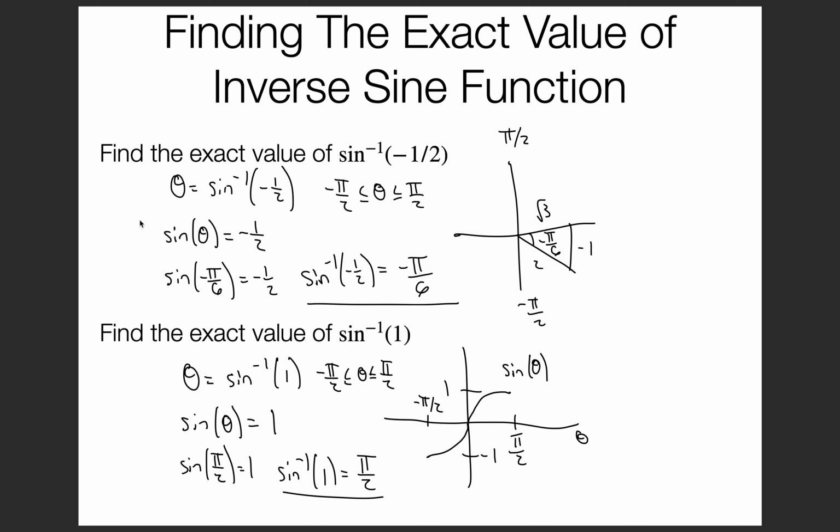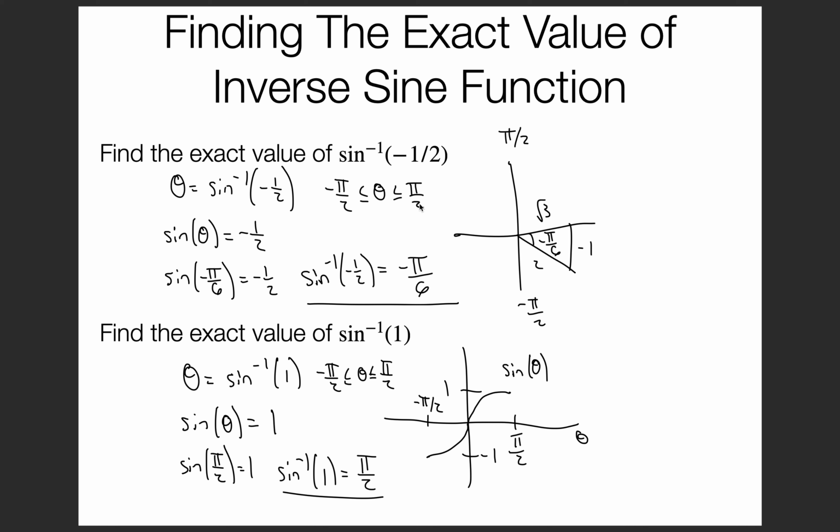The question is to find that value of theta. Find what theta equals. It's also important to remember that theta has to be between -pi/2 and pi/2, because that's the range of sine inverse. It's defined from -pi/2 to pi/2.